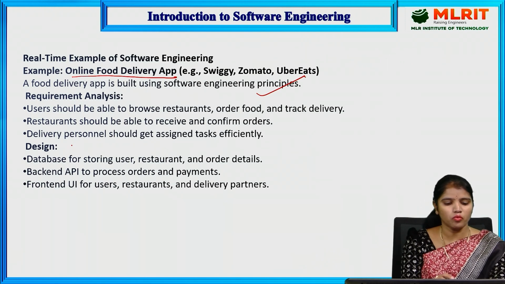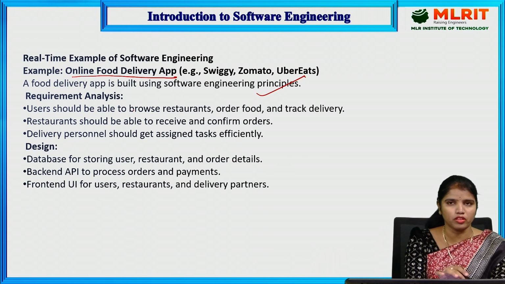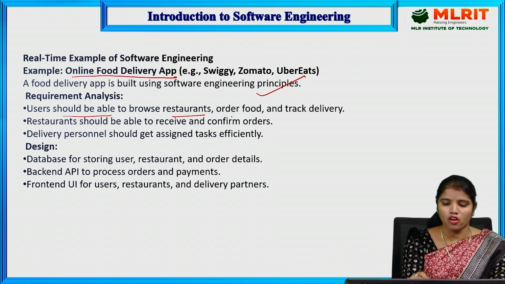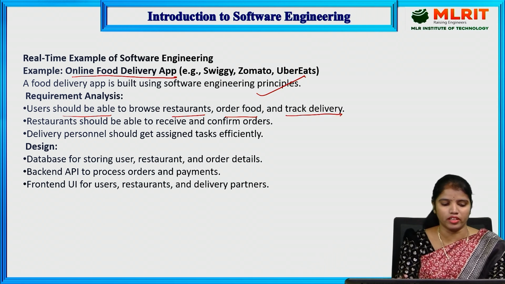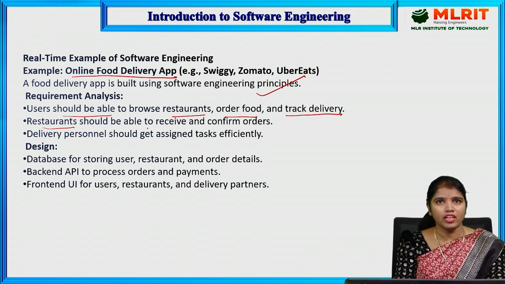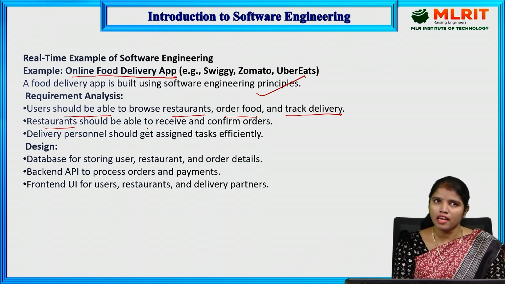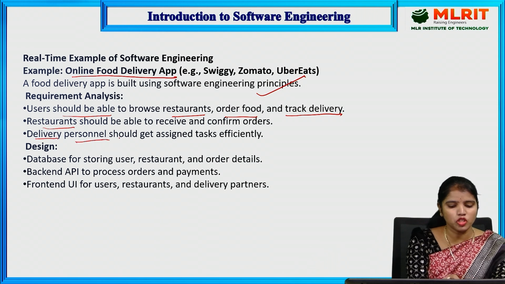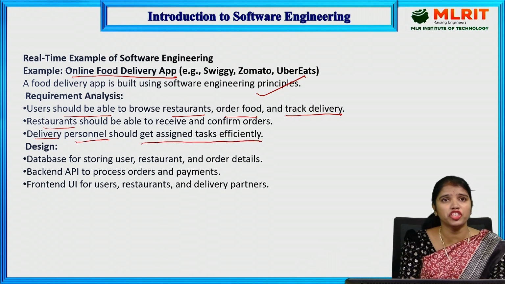Now let us see the requirement analysis based on this example. Users should be able to browse restaurants, order food and track delivery. Restaurants should be able to receive and confirm the orders. And next, delivery personnel should get assigned tasks efficiently.